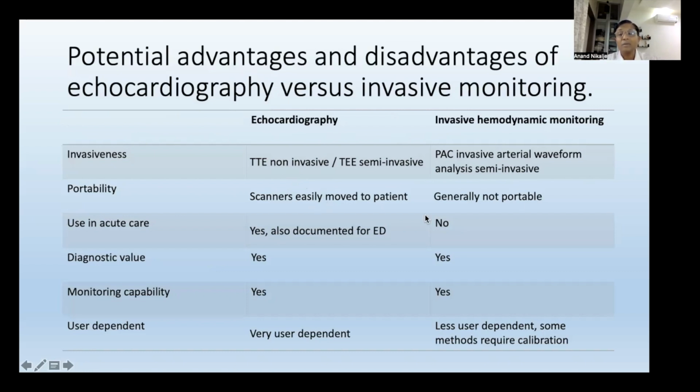Portability is generally not there with the PA catheter, and it cannot be used in an acute setting the way we can use ultrasound or echo. Though the diagnostic value of both modalities is quite good and monitoring capability is good, the problem with 2D echo ultrasound is that it is user dependent. The operator has to be really well trained in using this technology. The only positive point is that the PA catheter is less user dependent, but it requires some calibration of the PA catheter monitoring.